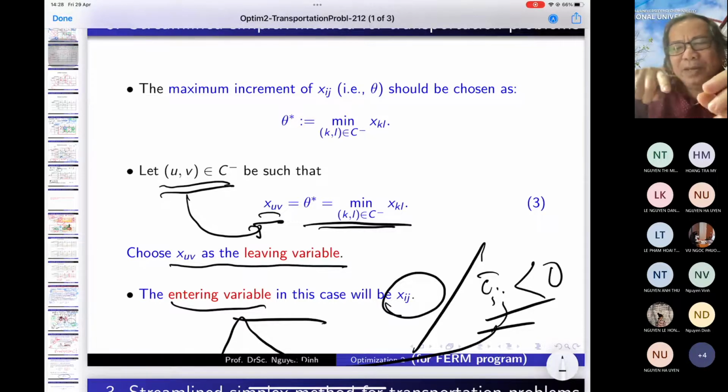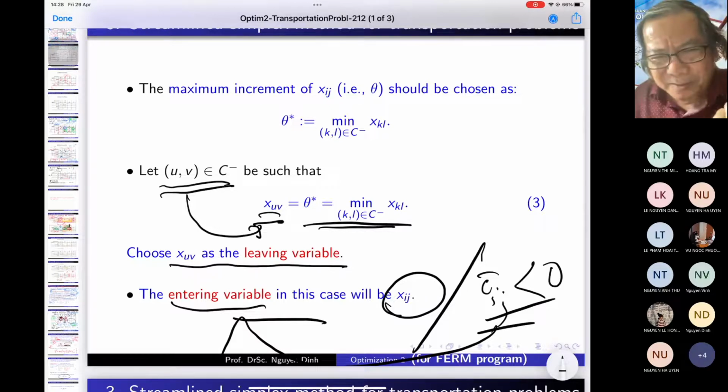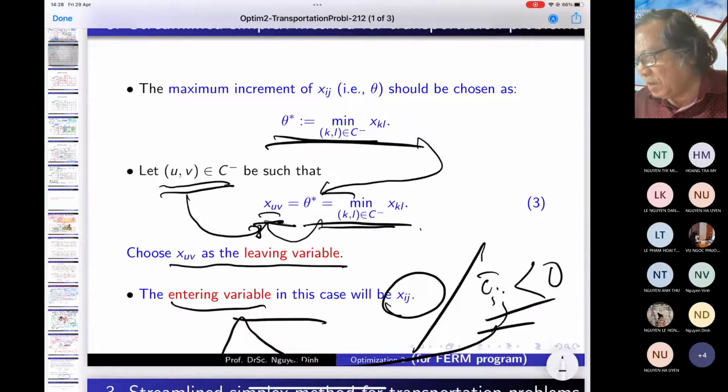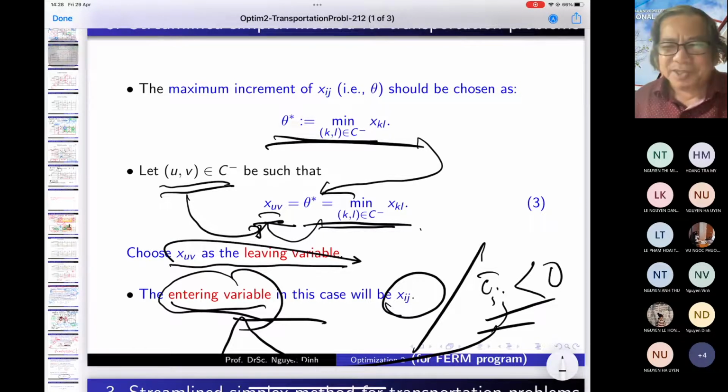Is that okay? In the cycle, you have plus or minus cells, and then we calculate the C bar ij. If C bar ij is negative, you calculate theta star. The theta star is equal to the minimum of this, equal to x_uv, and then x_uv is the leaving variable, and in that case x_ij is the entering variable.